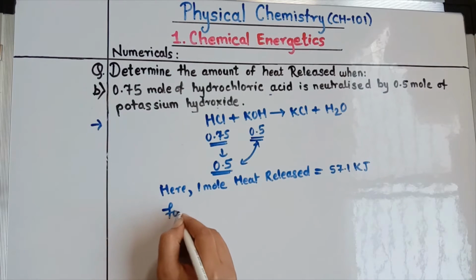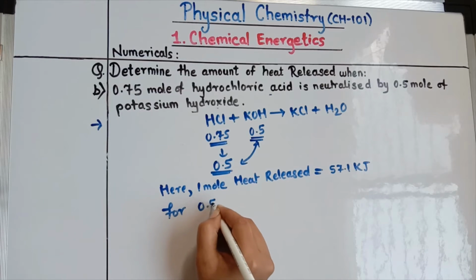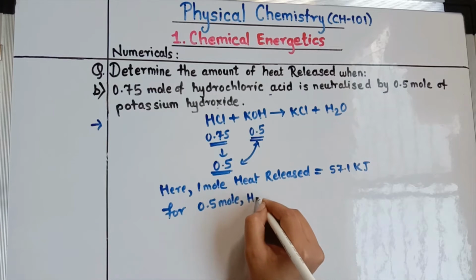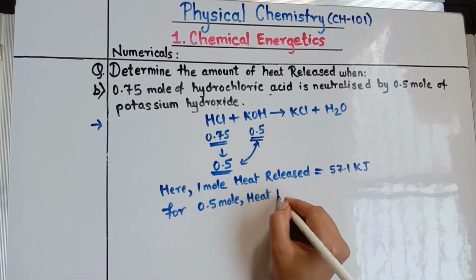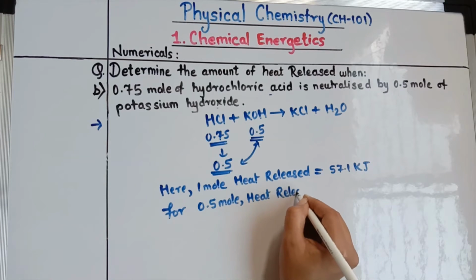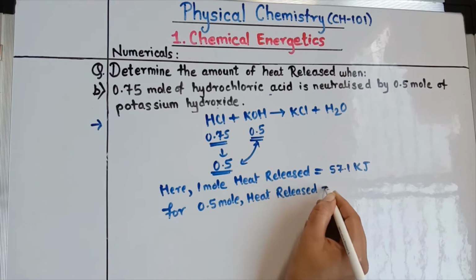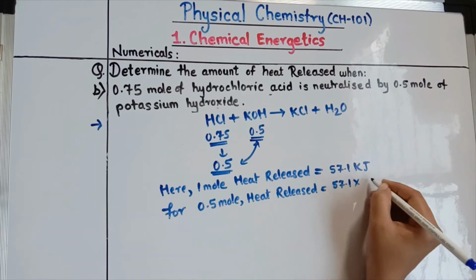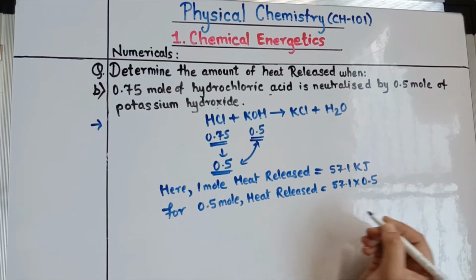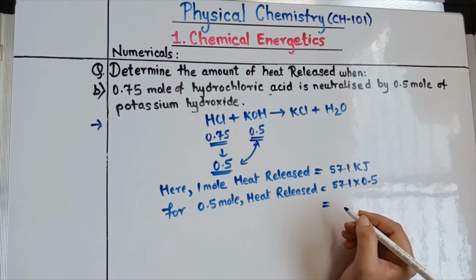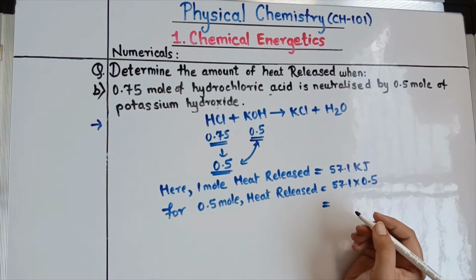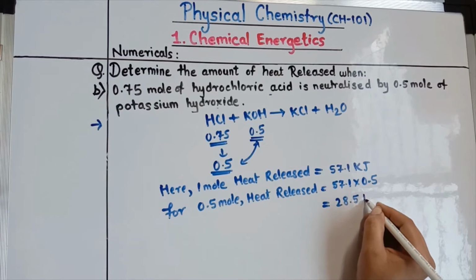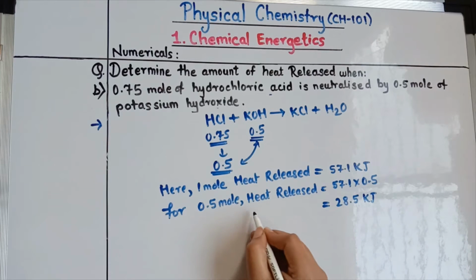For 0.5 mole, heat released will be equal to 57.1 into 0.5, which is equal to 28.5 kilojoule. Okay.